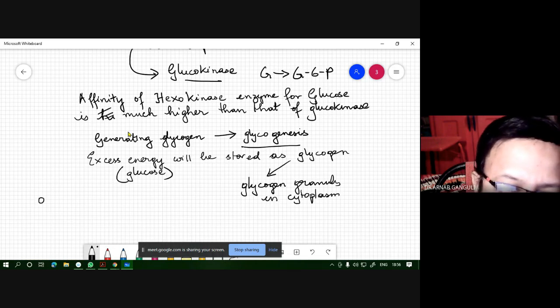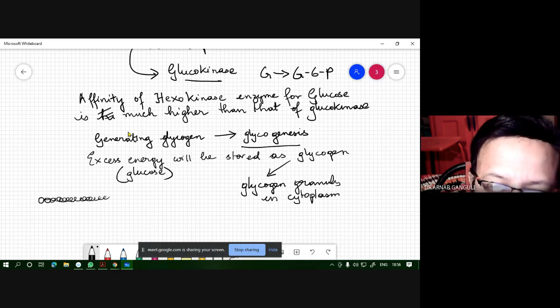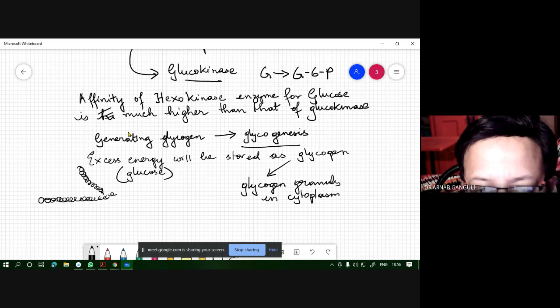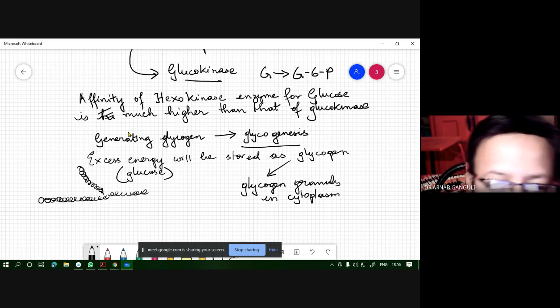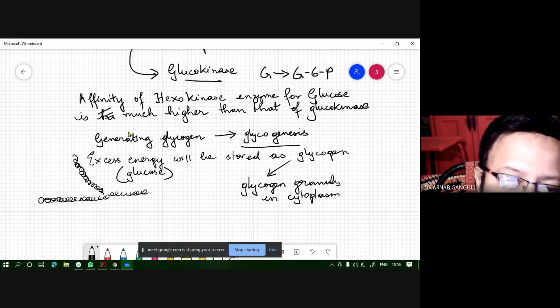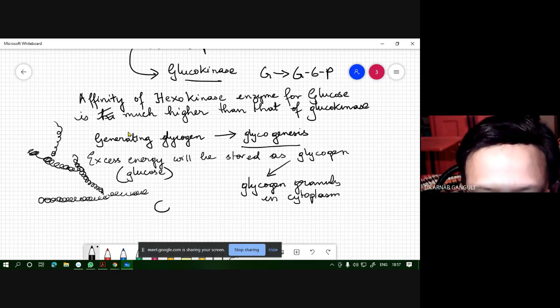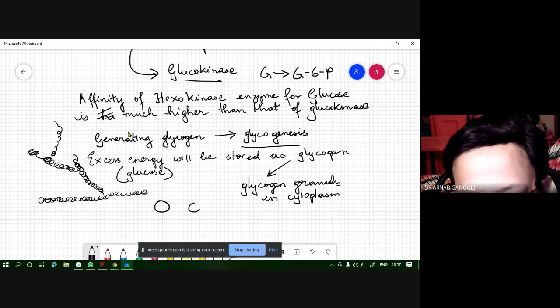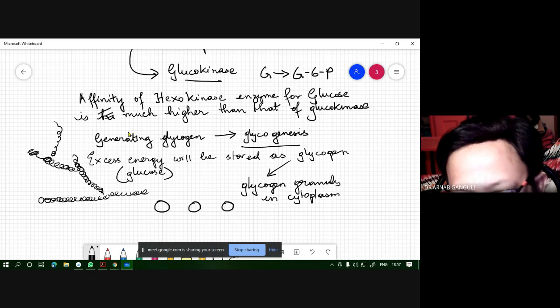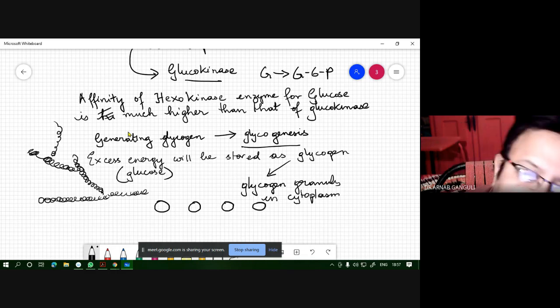The basic structure of glycogen: several units of glucose go in a chain, then you will see a branch, then again another branch, and another. Say this is one glucose, this is another glucose, and they are joined together.